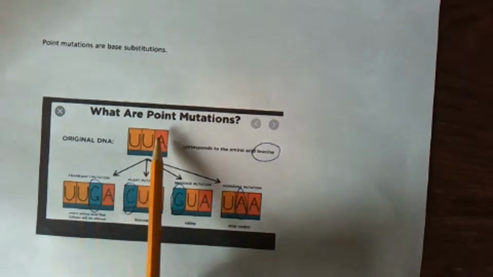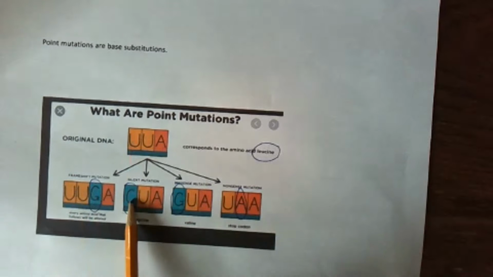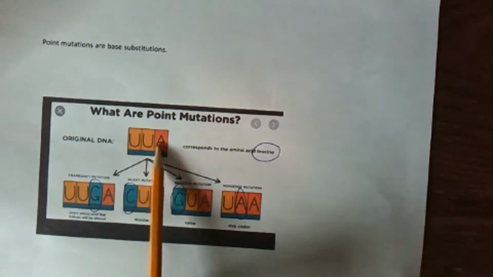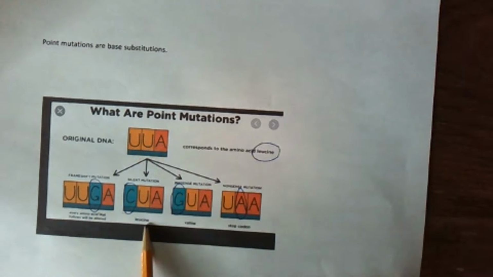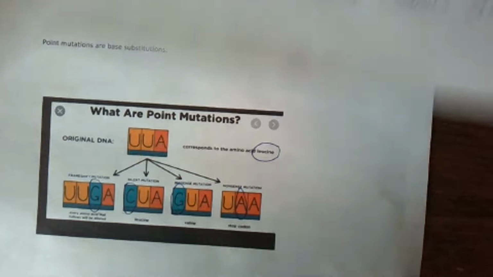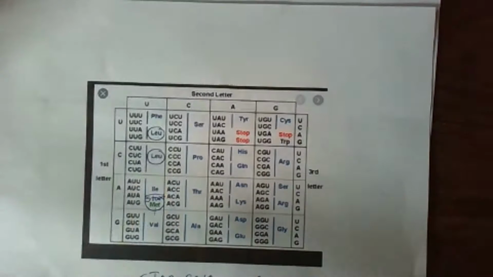Let's say that instead of U, we have C. So instead of having UUA and leucine, we now have CUA, and that's also leucine. Let's go back and look at our chart. There's something called wobble in this chart, meaning that sometimes you can switch one base and still have leucine. For example, leucine is UUA, UUG. Leucine is also CUU, CUC, CUA, and CUG.